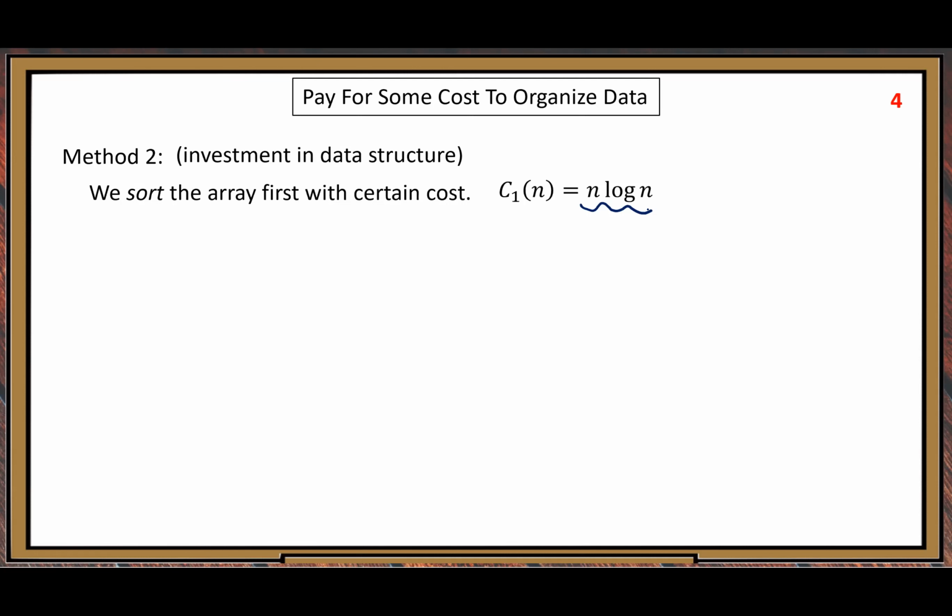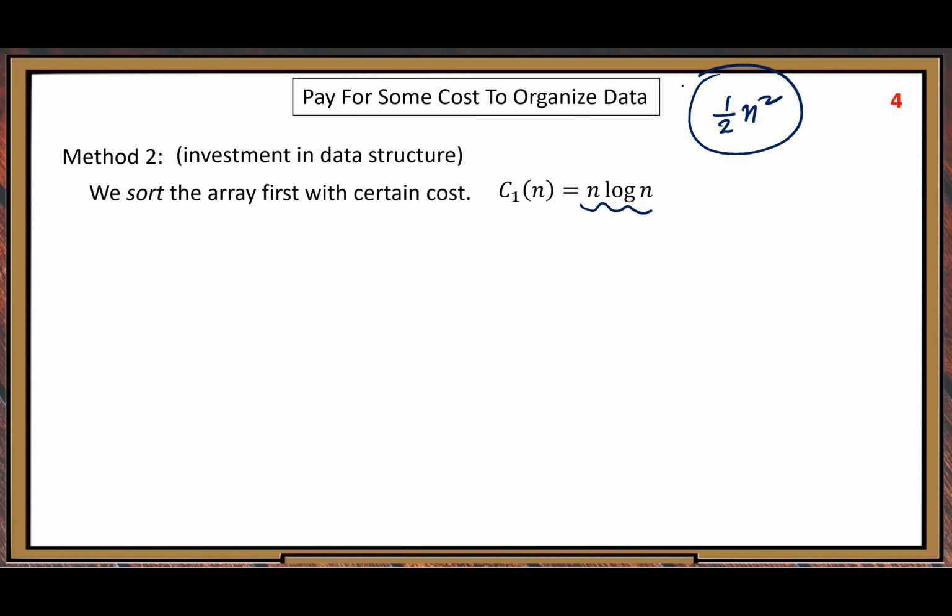Selection sort, right? What was its efficiency? It's n squared. Here we ignore some small numbers, but we can see the dominant term. The dominant term is that. That's big. So that's the difference.